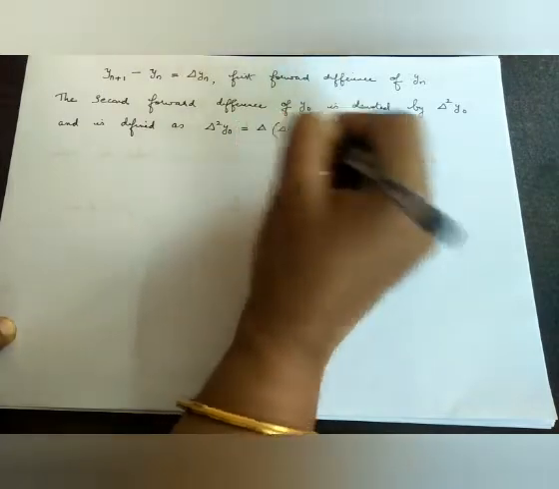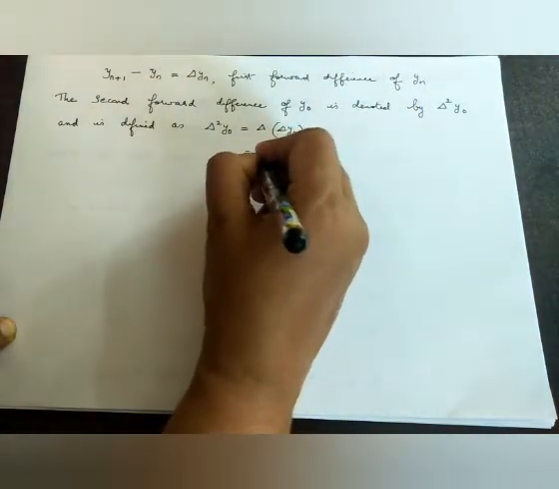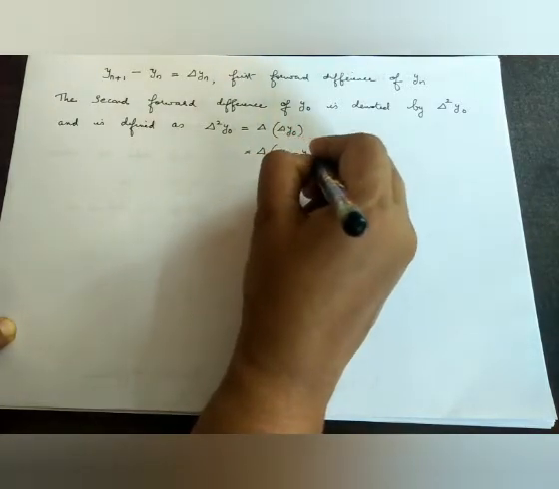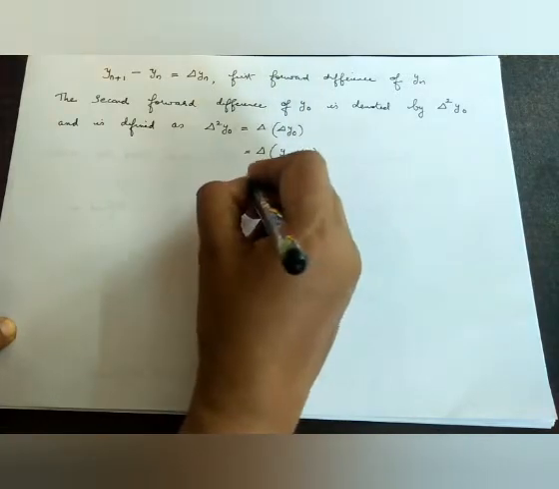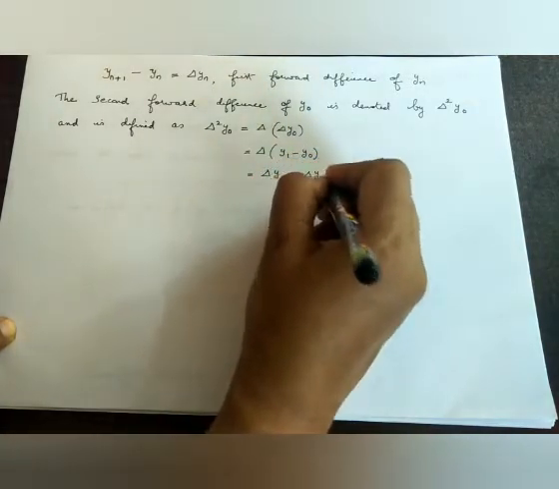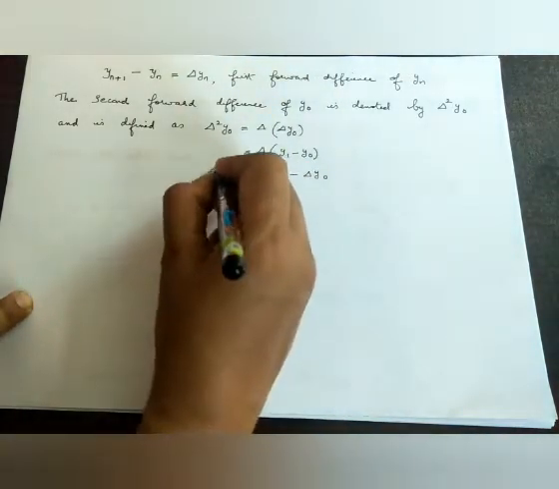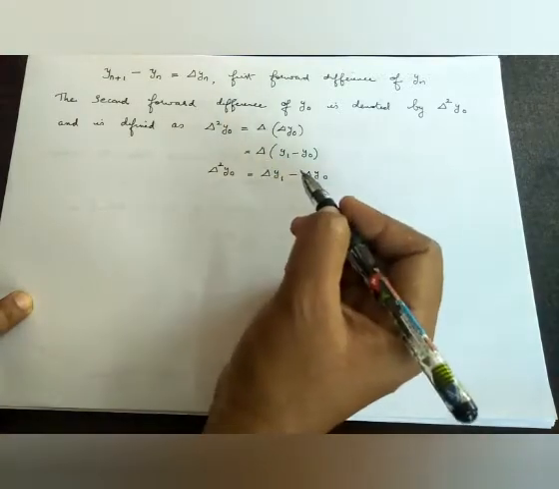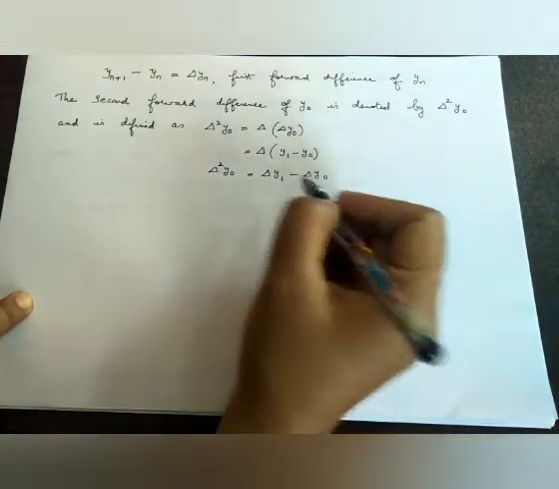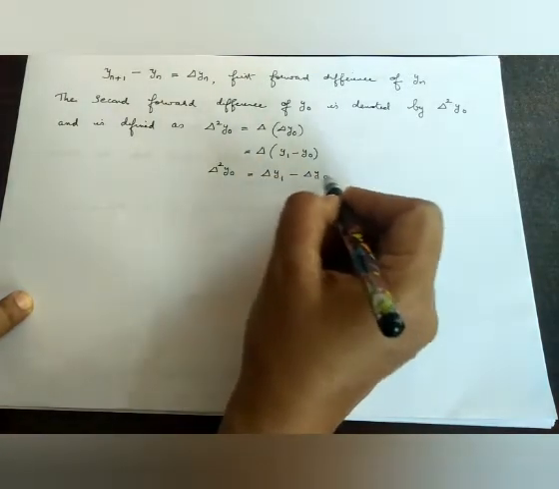Now delta of, what is delta y naught? That is y1 minus y naught. It is equal to delta y1 minus delta y naught. Therefore the second forward differences are the differences of the first forward differences.